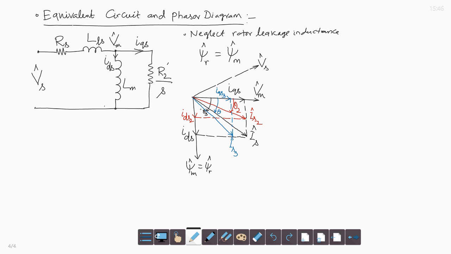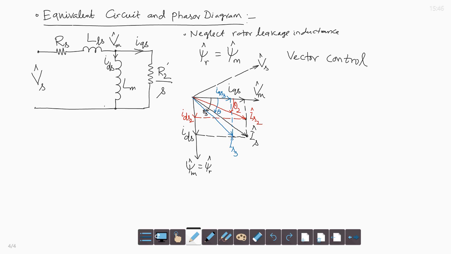As you can see, the magnitude of the current and its position angle is changed, the tip of the vector changes, moves. So, that is why it is called vector control. Hence, the name is vector control, because in conventional methods of induction motor control, we control only the current.